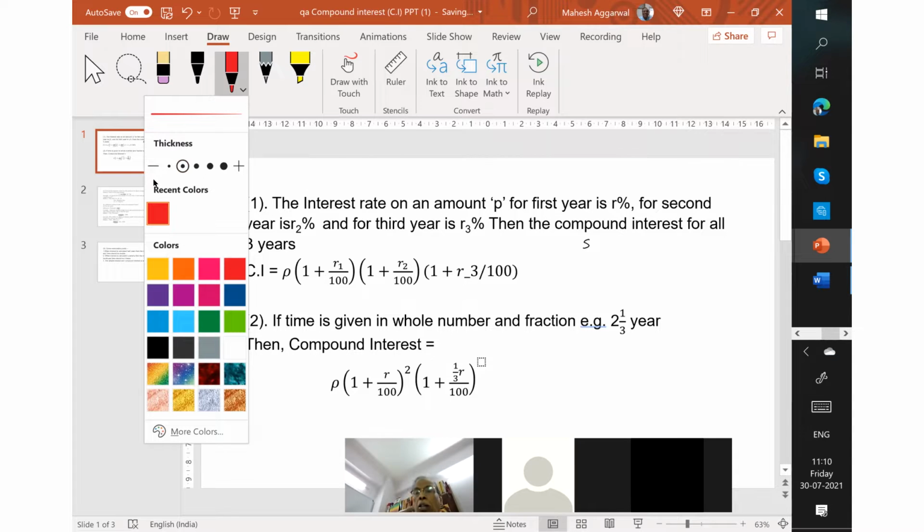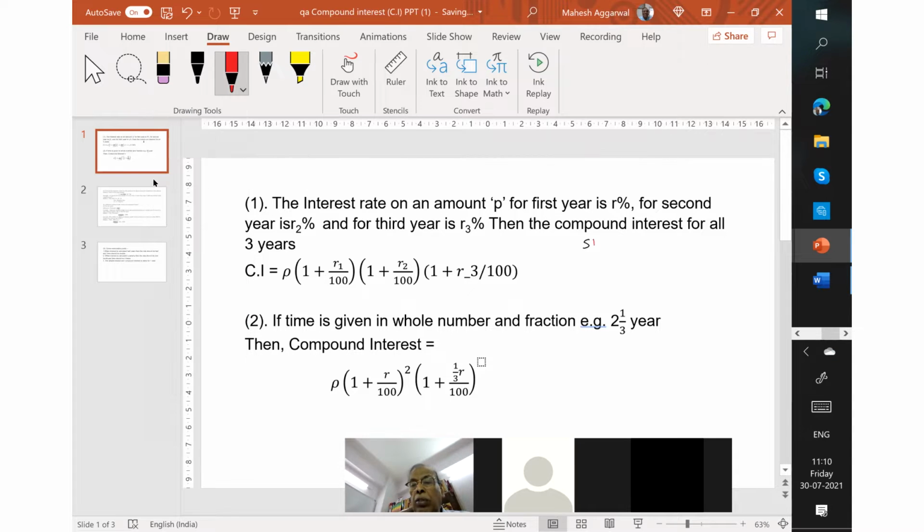So your savings bank account earns simple interest. And your FD accounts, fixed deposit accounts, they earn compound interest.